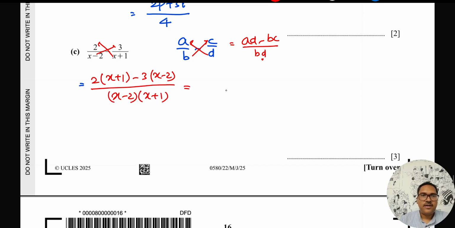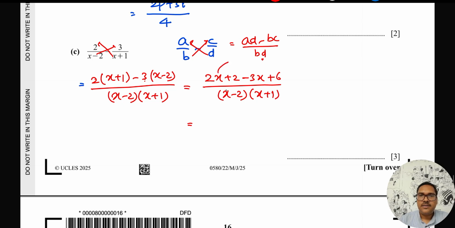So now if I further simplify, this will become 2x plus 2, opening this bracket, negative 3 into x, this is negative 3x, negative 3 into negative 2 will become plus 6. Negative negative is positive, and this is x minus 2 into x plus 1. Now what is this?